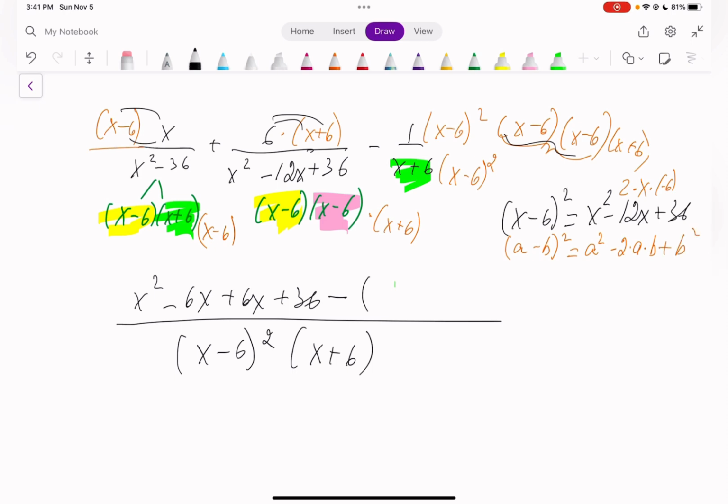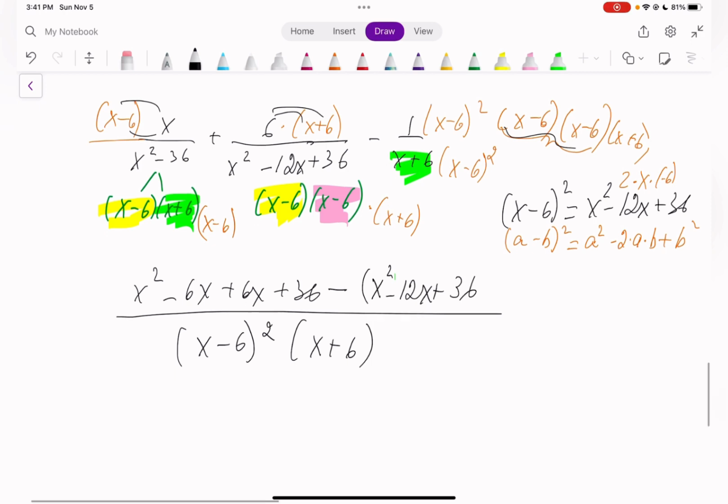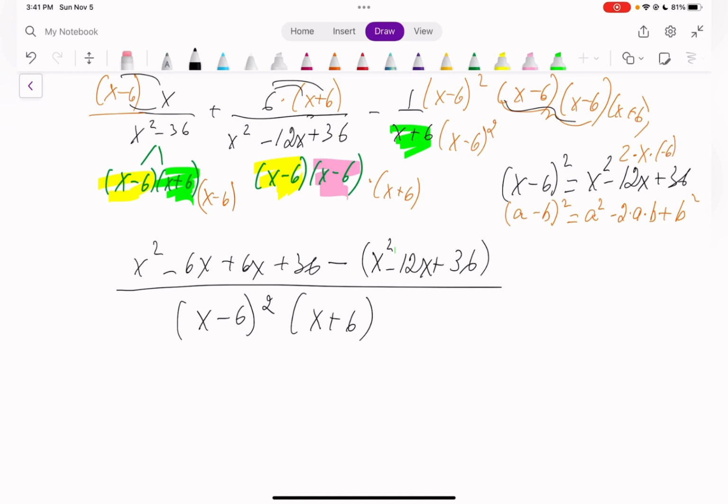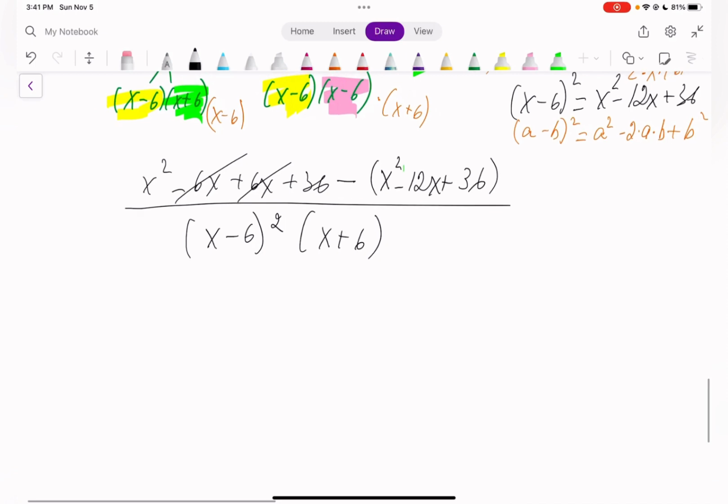All right? So let me write down. It's going to be x squared minus 12x plus 36. And you can rewrite it, but I'm not going to. Actually, negative 6x plus 6x cancel each other. Okay, I will rewrite.